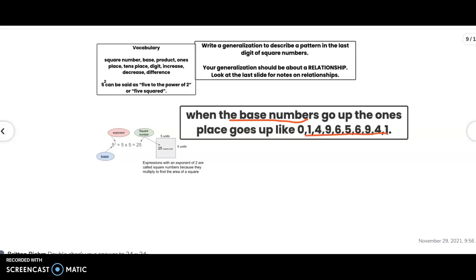This could be improved, I think, by saying the ones place in the square numbers goes up like this, but basically they're talking about the effect of having the base numbers change and the ones place change as a result. So that's a good example of a relationship. Okay, so that's number 1.